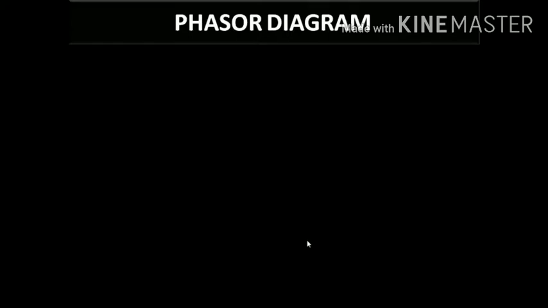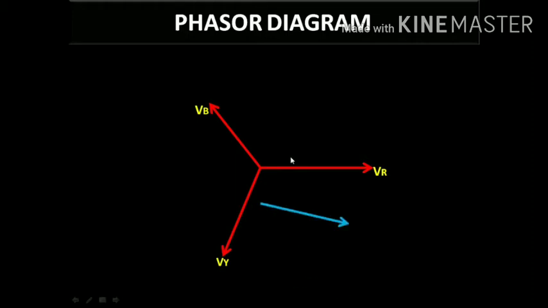In this case, one phasor diagram we need to discuss. First of all, we will take the reference, that is VR, then second VY, and third one is VB. You can see here, these are the phase voltages. They are displaced by an angle of 120 degrees from each other. So let's consider the current IR here.